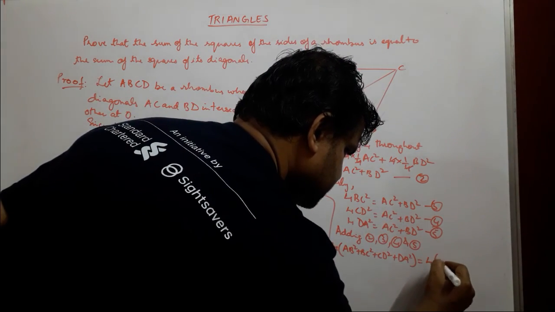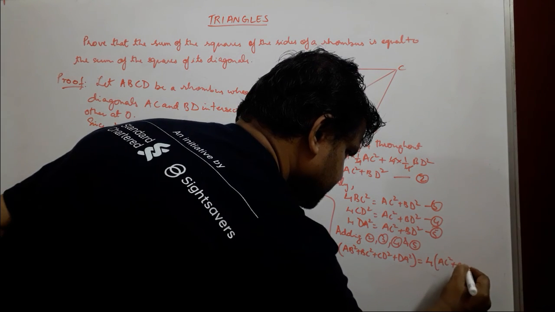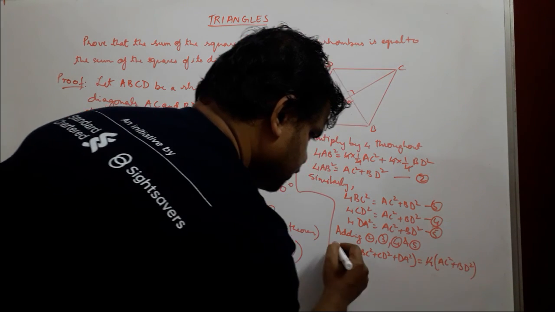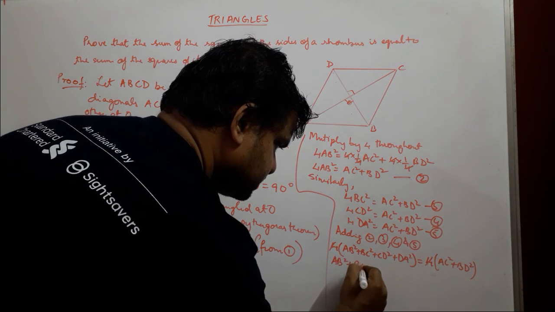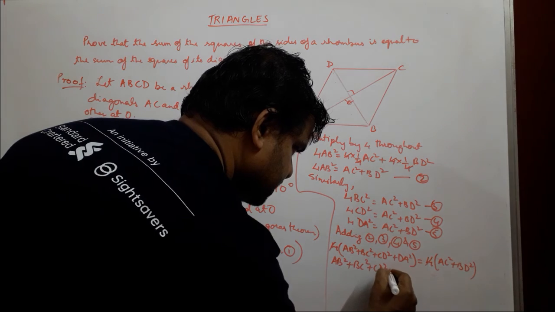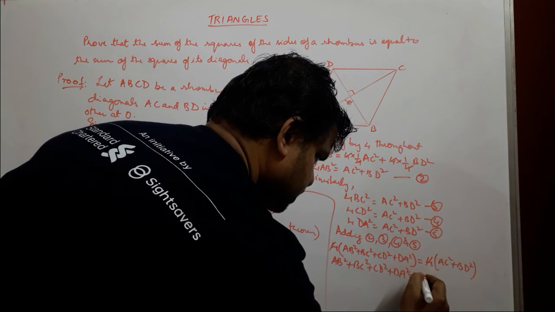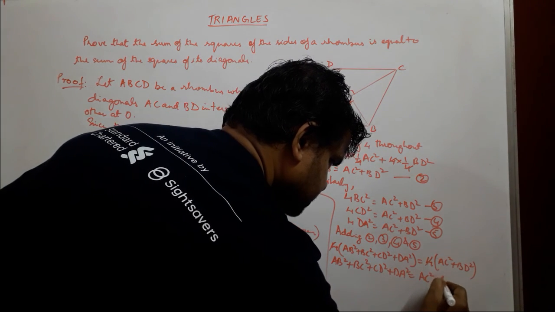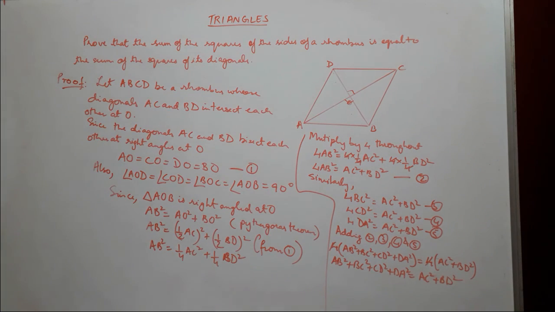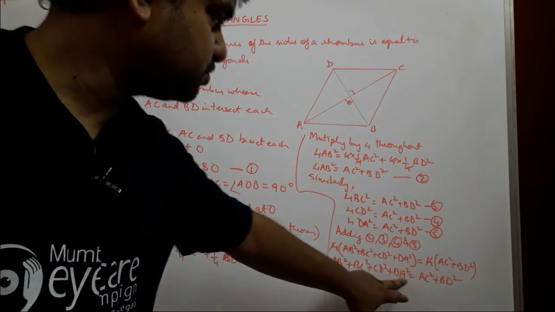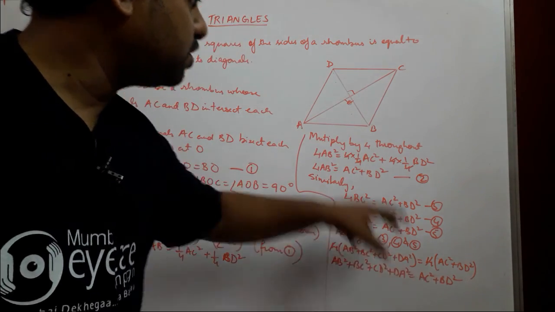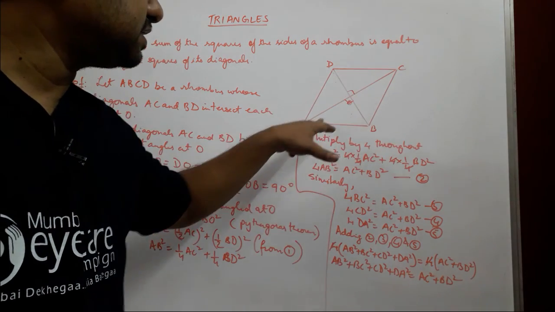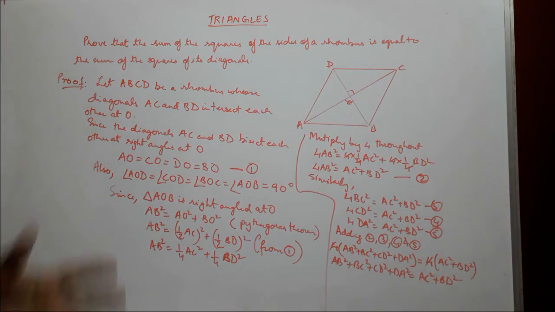So 4 times AC square plus BD square. 4 and 4 cancels, and we are left with AB square plus BC square plus CD square plus DA square equal to AC square plus BD square, and hence we end up proving that the sum of the squares of the sides of the rhombus is equal to the sum of the squares of the diagonals, that is AC square and BD square, hence the proof.